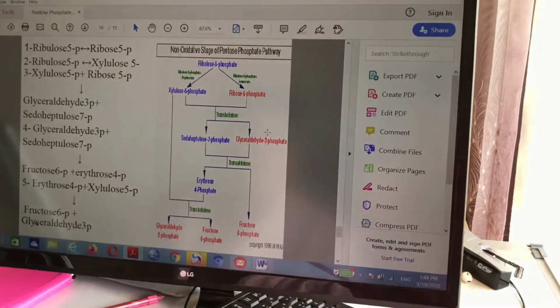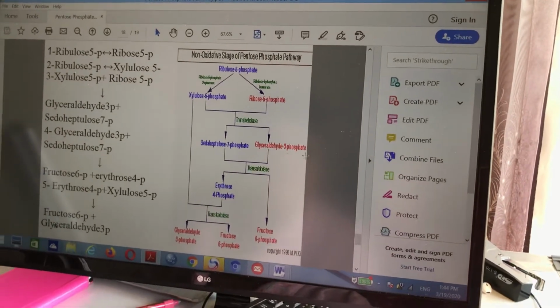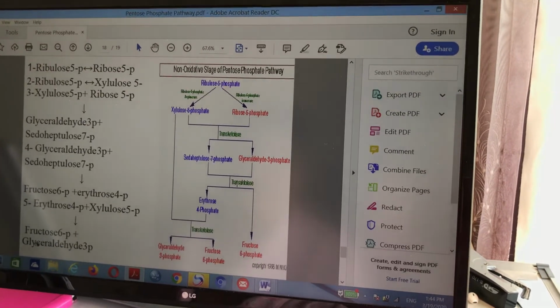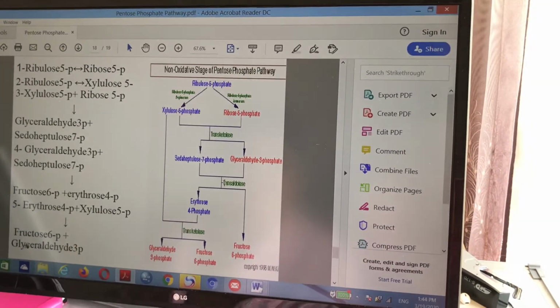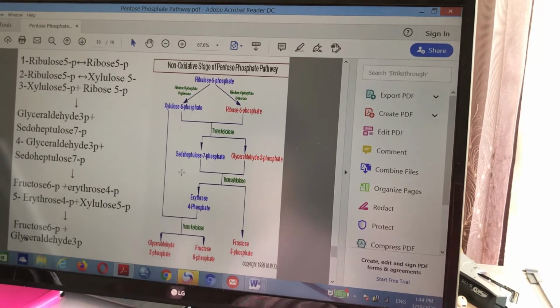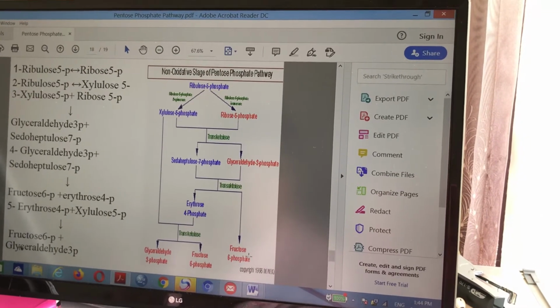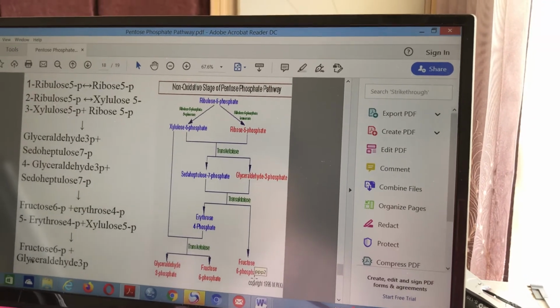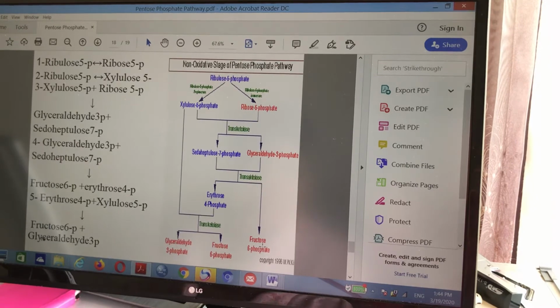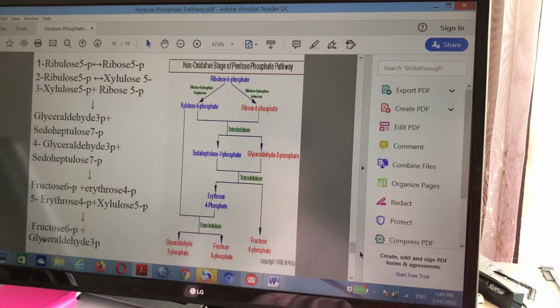After that, condensation of glyceraldehyde 3-phosphate with sedoheptulose 7-phosphate. This step is catalyzed by the transaldolase enzyme, with condensation and splitting into fructose 6-phosphate and erythrose 4-phosphate. Fructose 6-phosphate enters the glycolysis pathway.